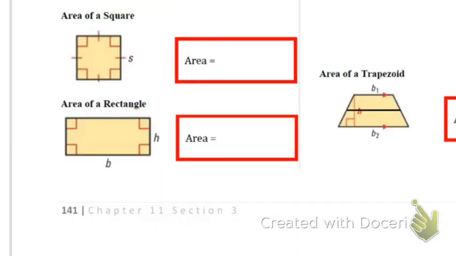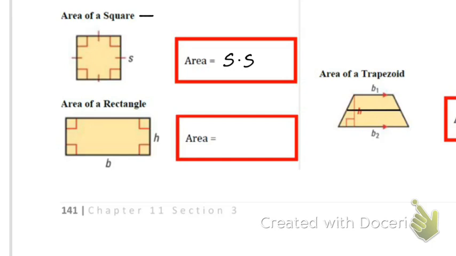All right, continuing on. What is the area of a square? Base times height again. Base times height, or in this case, it'd be just S times S. I just want to put something in here too.